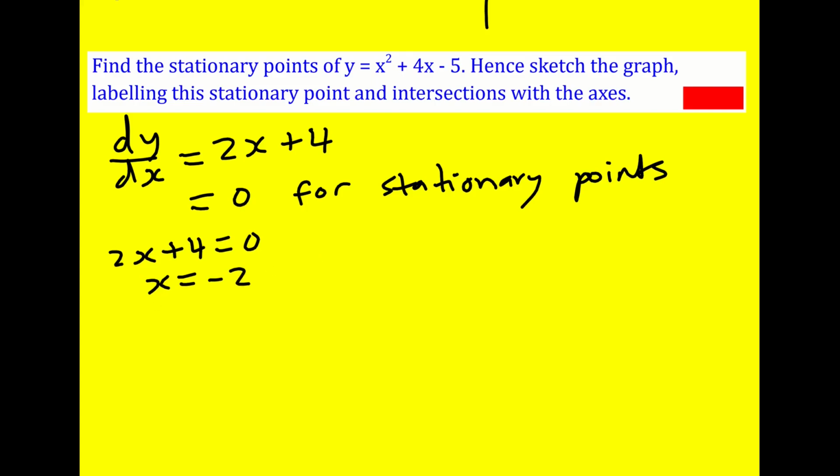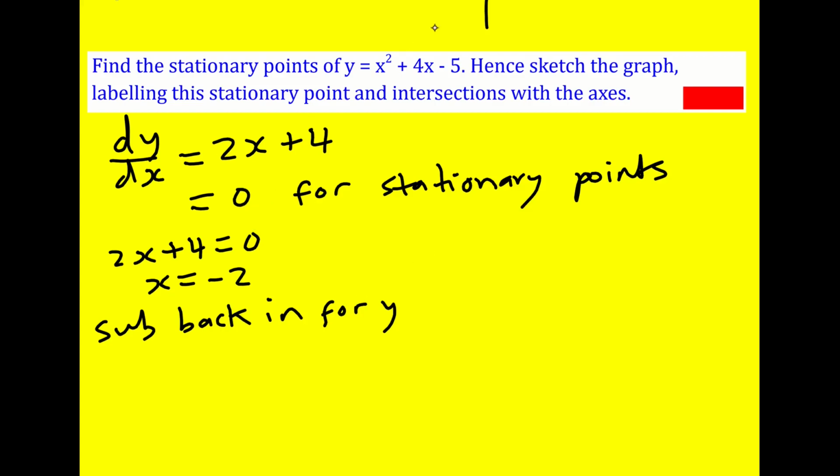Now, once I've got that, I've not quite got my stationary point because I need a coordinate. So I need to sub back in for y. Note, I don't sub it back into this dy by dx. That's just going to give me 0 and confirm it's a stationary point.